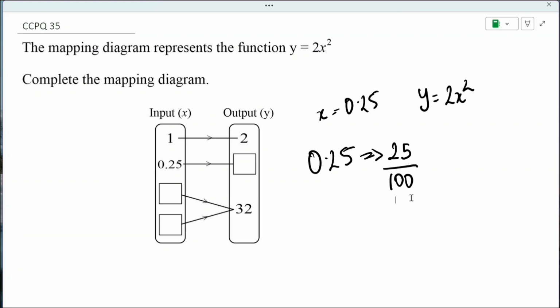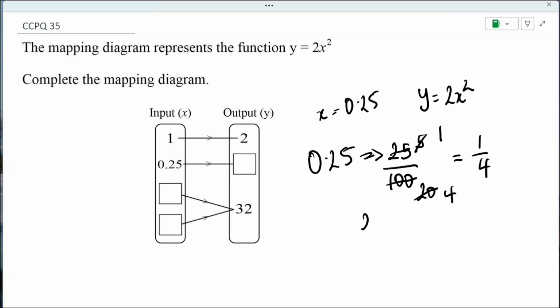That means the number of zeros will increase. We can bring this down to the simplest form. We have 25 over 100, you can just say 25 in 25, 1, 25 in 100, 4. And if you're not very good with that, you can say 5 in 25, 5, 5 in 100, that's 20. 5 in 5, 1, 5 in 20, 4. So 0.25 in fraction is also 1 over 4.